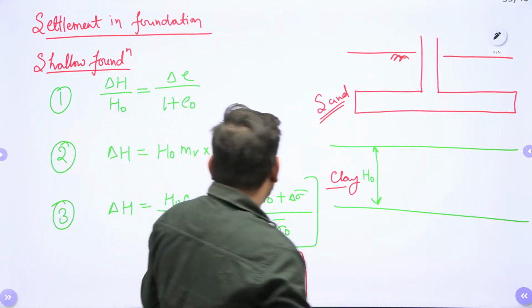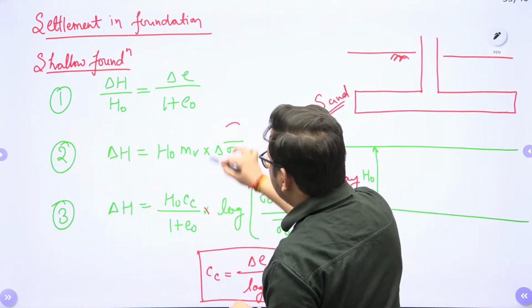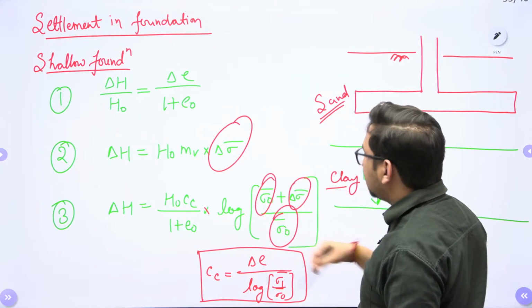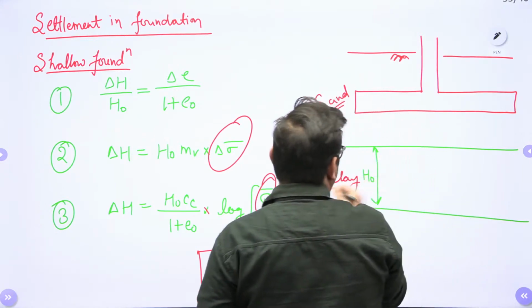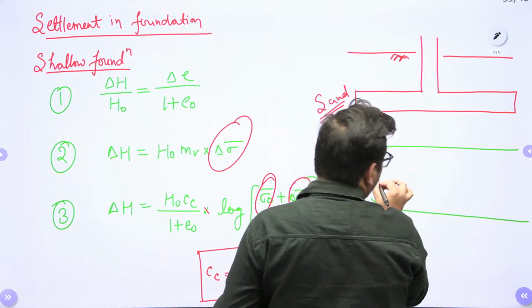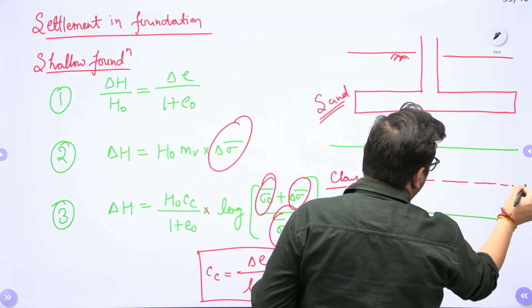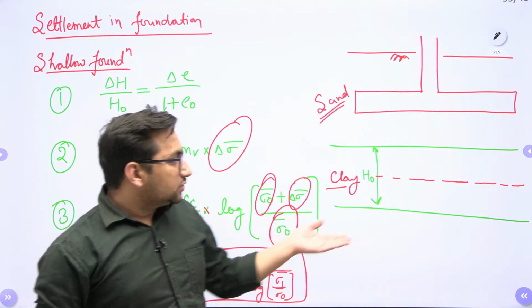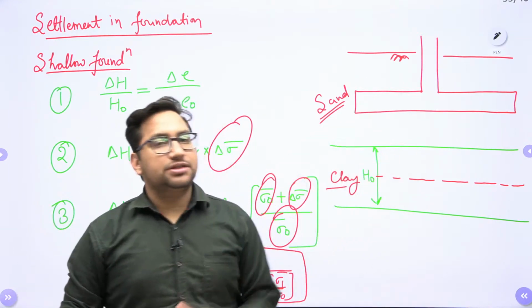Now this change in effective stress, all are calculated at the center of the compressible layer. So this is my compressible layer, this is its center. So all the stress values are calculated at the center of this compressible layer.